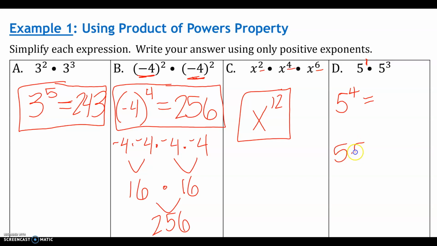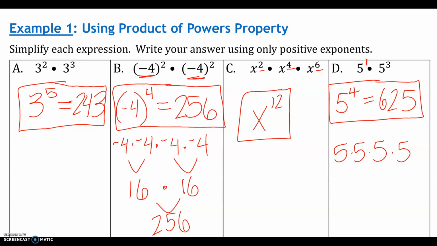Remember, it's 5 times 5 times 5 times 5, which is 625. Okay, so these properties were all that when you have the same base and you're multiplying, you're essentially adding the exponents. So now let's do some examples of when you're dividing.